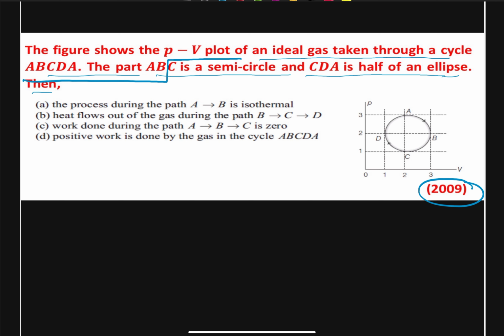So we are given that ABC is a semicircle. So we have A, B and C as a semicircle. We start from there only.